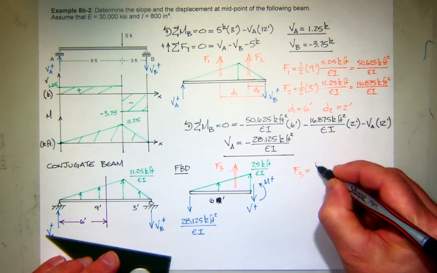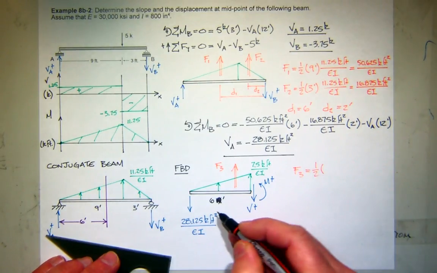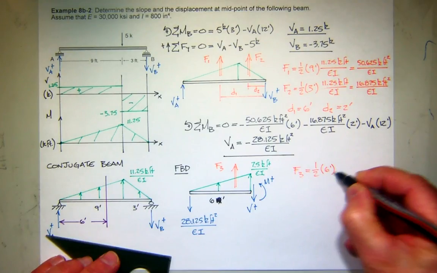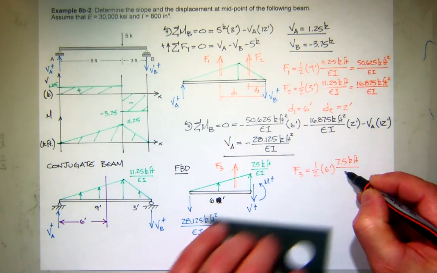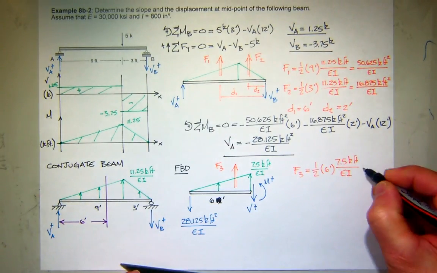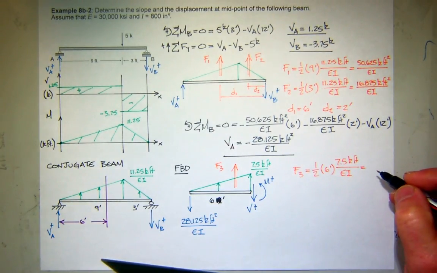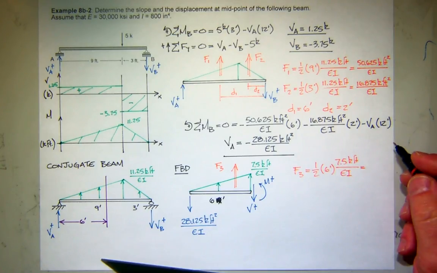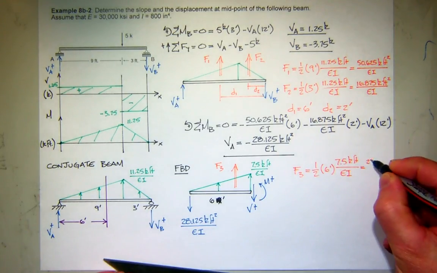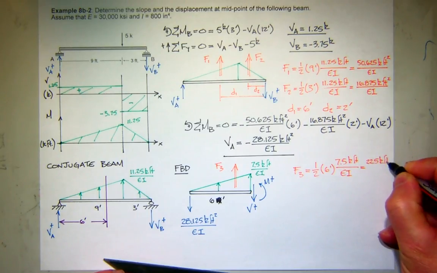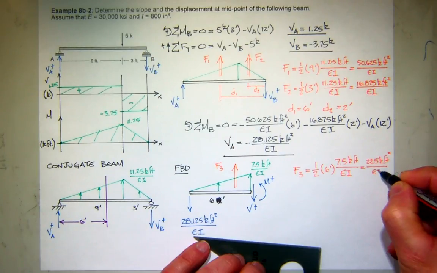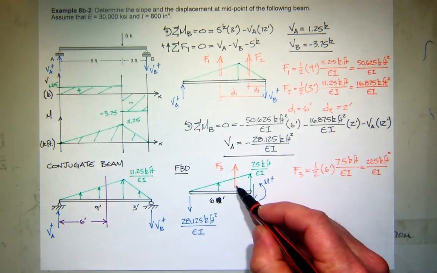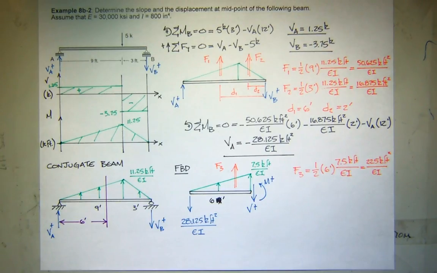Again, it's a triangle, so it's 1/2 the base, which we now know is 6, times the height, which is 7.5 kip feet over EI. That looks like 22.5 kip feet squared divided by EI. And the distance will be 1/3 of the distance, or 2 feet. That's all I need.